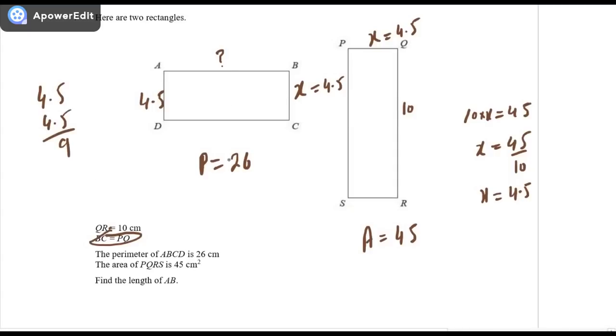The perimeter is 26, so if I do 26 take away 9, it's going to be 17. So these two add up to 17. If I divide it by 2, this is going to be 8.5. This means this side is going to be 8.5. So our answer is 8.5.